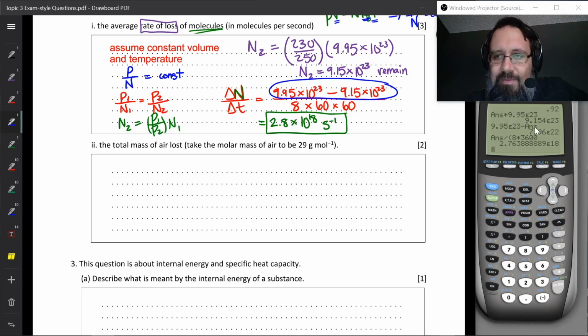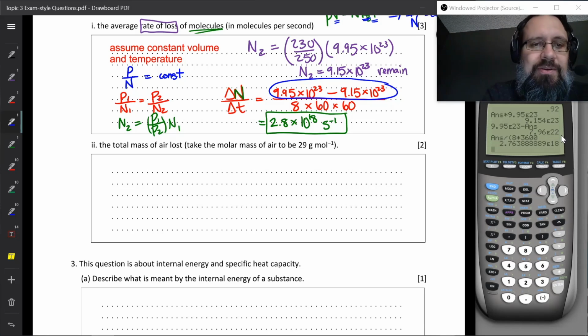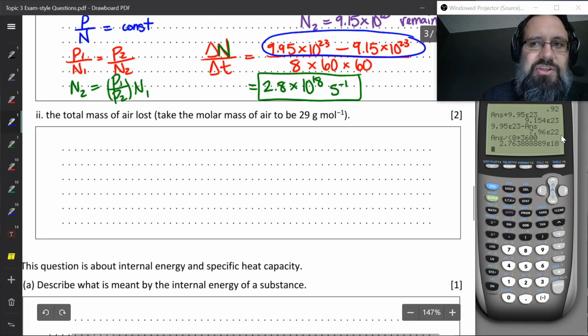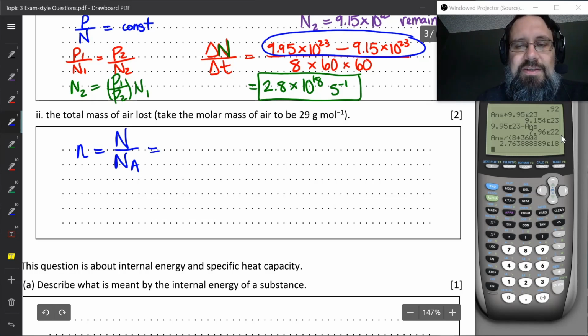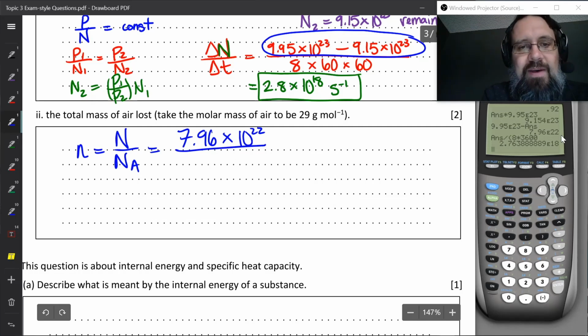I think I had it in my calculator. I did, 7.96 times 10 to the 22. So what we're going to do is take that. I should show you what I'm going to do more clearly. The number of moles is the number of particles divided by Avogadro's number. So I'm going to calculate how many moles this is: 7.96 times 10 to the 22 molecules divided by 6.02 times 10 to the 23rd per mole, since that's Avogadro's number.